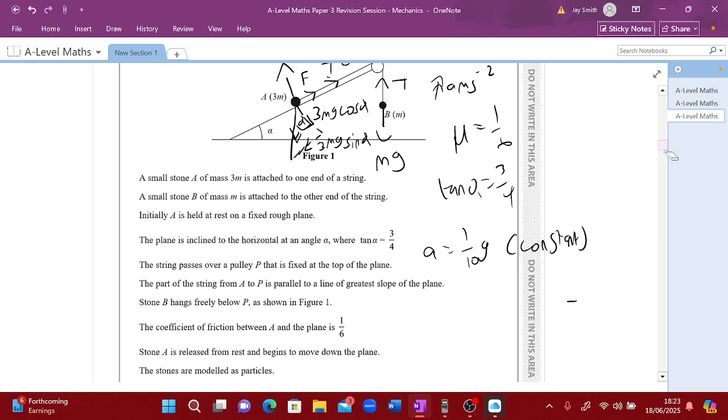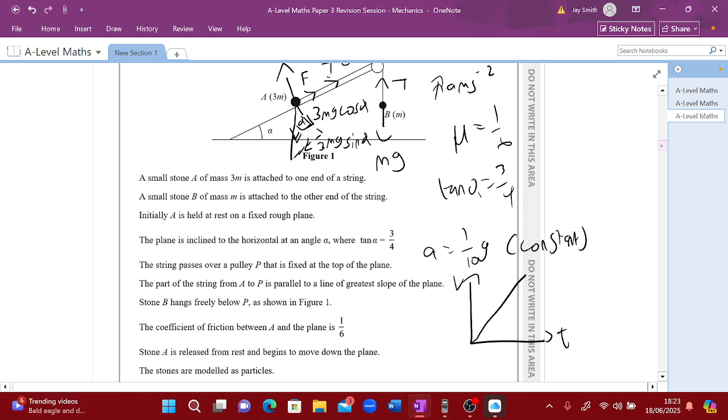So the velocity time graph would be a straight line, right? Now, initially B is at rest as well, so it's going to start here, and it's going to be a linear graph up there. Okay, it's going to just look like that for v and t.